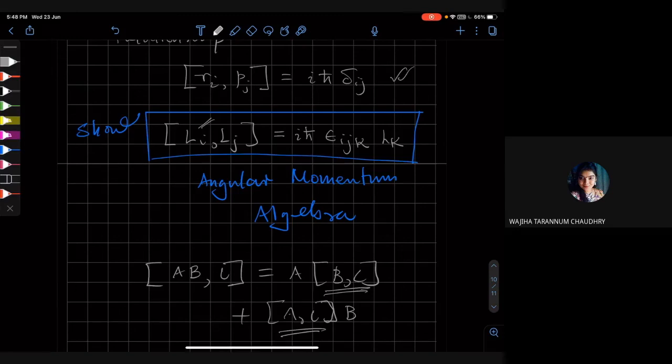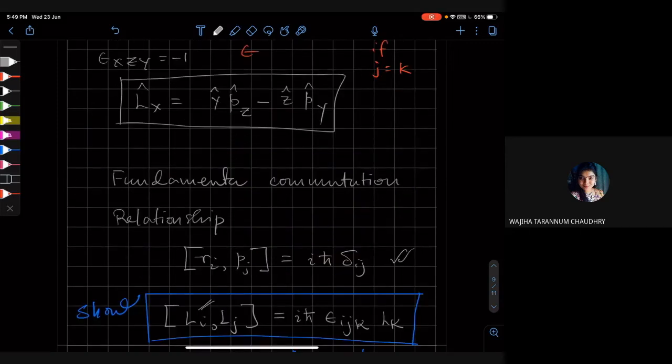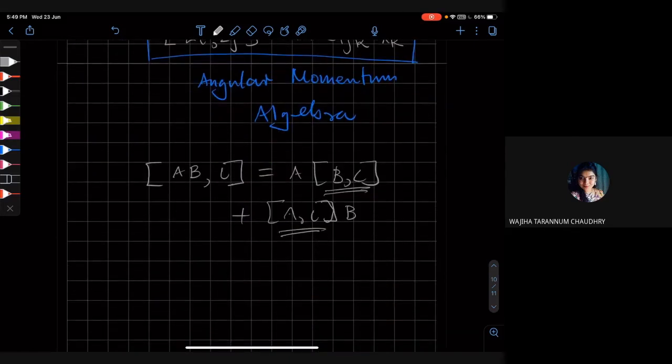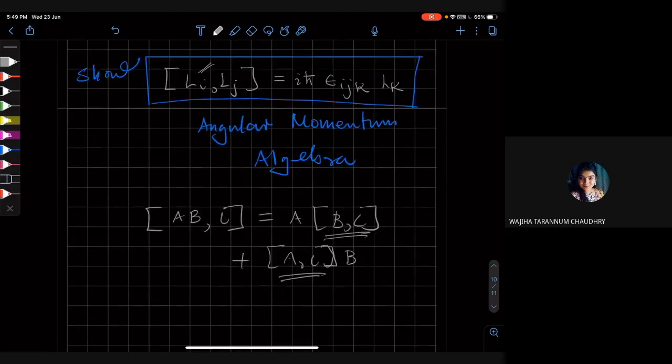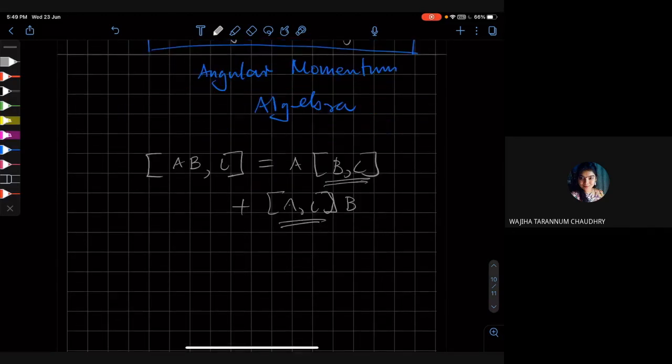So this is the famous angular momentum algebra, and we have derived it using the position representation, right? Because we took L in terms of its definition in the position representation. So that means that these angular momentum operators act on wave functions.